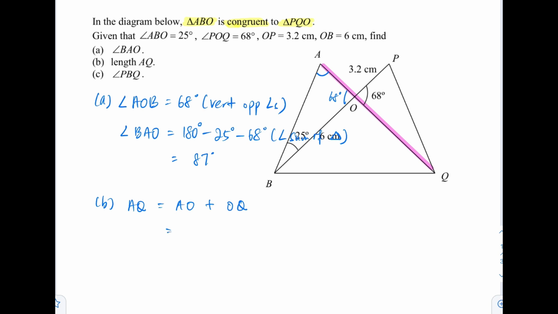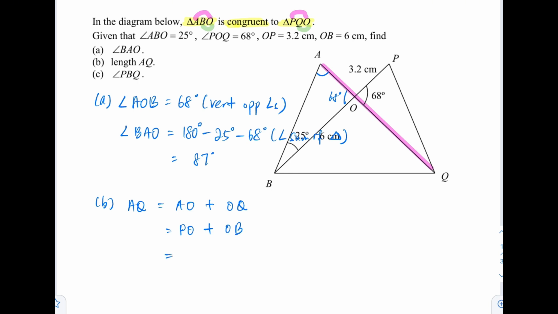Because the triangles are congruent, AO is equal in length to PO. So instead of AO, I can write PO because they have the same length. And similarly, QO would be the same length as BO, so I can also write this as OB.